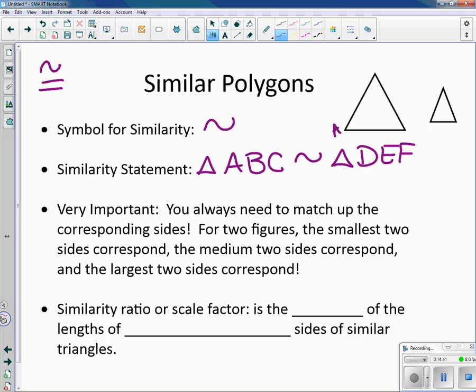So, A, B, C, D, E, F. They are similar, same shape, same angles, but they're different sizes. Okay? What does it look like now? It doesn't matter. They're still the same shape, but different sizes. All right?